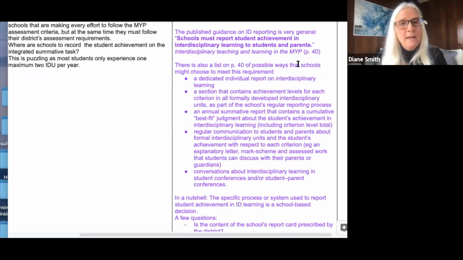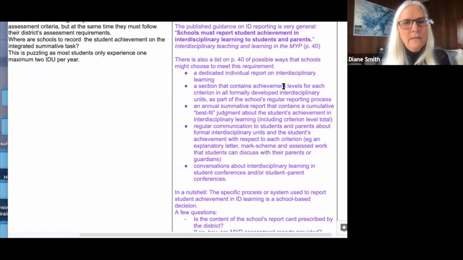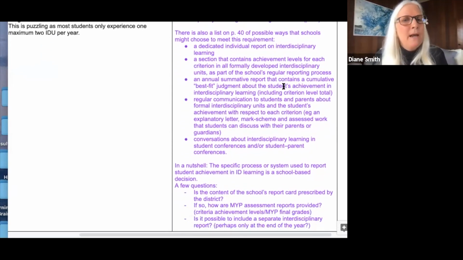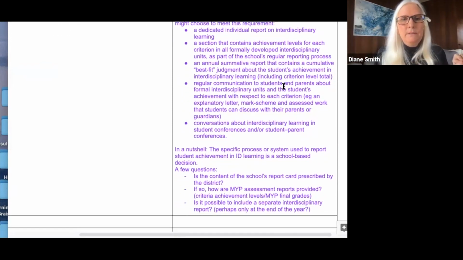That's the requirement. But on page 40, it also lists many different ways that a school might consider meeting that requirement. They might have a separate individual report on interdisciplinary learning. If they have flexibility in their report card, they might have a section that contains achievement levels for each criterion in the IDUs.